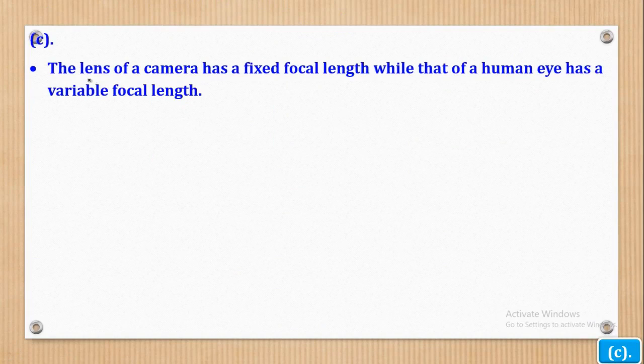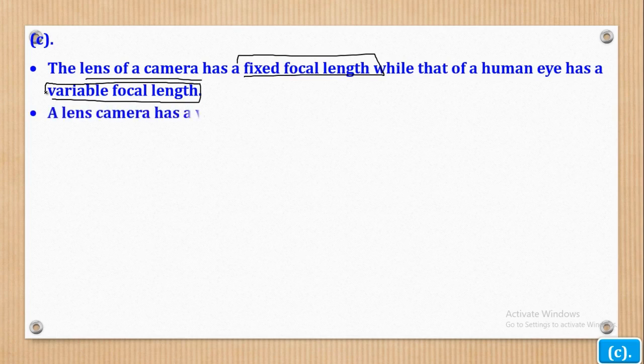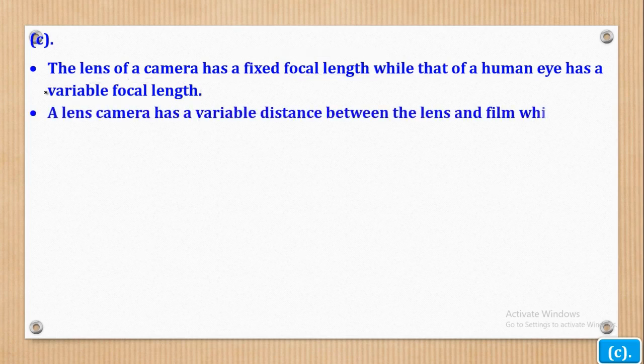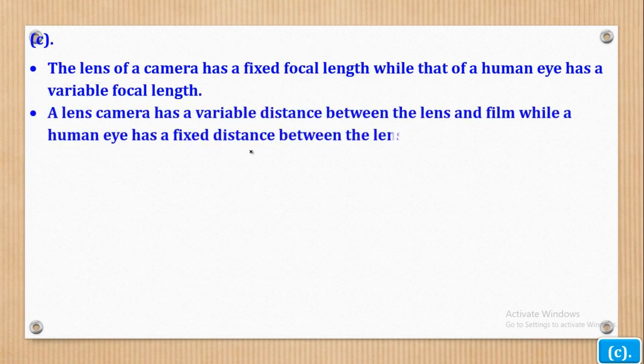So one, we shall say that the lens of a camera has a fixed focal length, while that of a human eye has a variable focal length. Then 2, the lens camera has a variable distance between the lens and the film, while a human eye has a fixed distance between the lens and the retina.